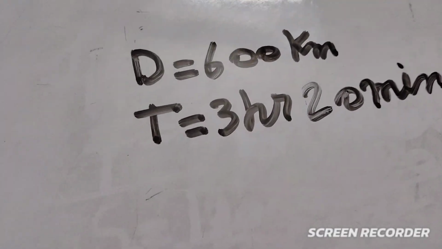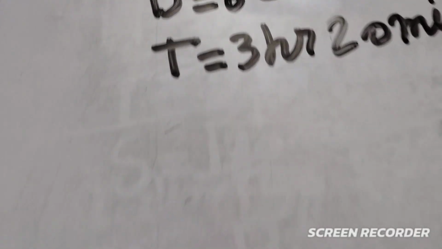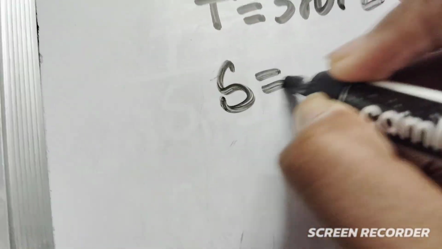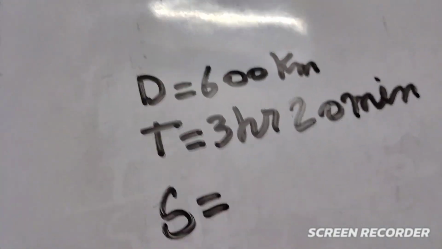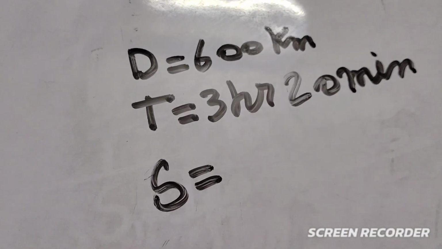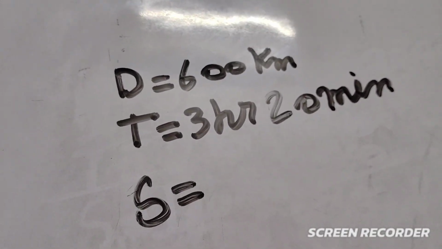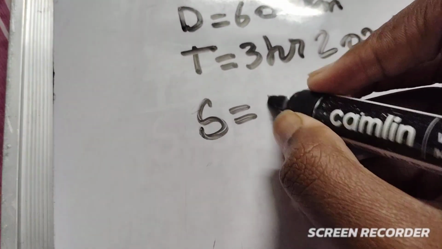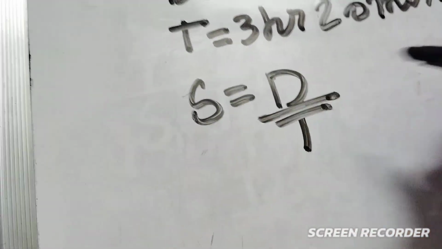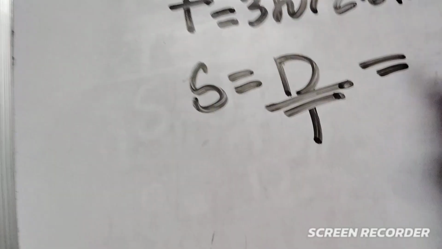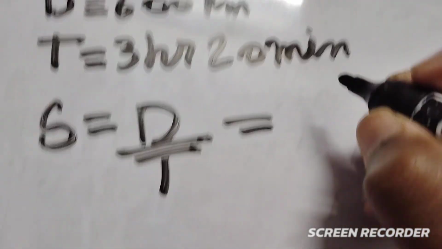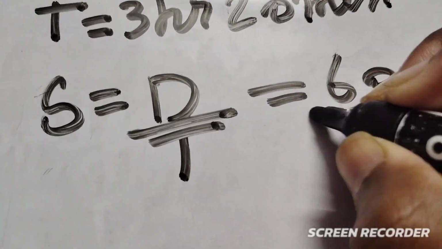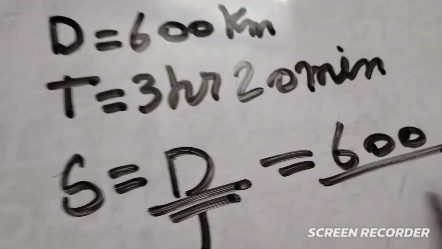I think the marker is not working properly, but it is visible. So we have to take out the speed. Speed equals distance upon time. So distance is 600 kilometer, so 600 upon time, 3 hour 20 minutes.